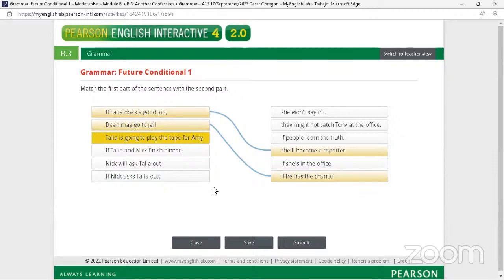Talia is going to play the tape. If people enter. If she is in the office. If Talia and Nick finish dinner. Remember the video where they are in the restaurant? Yeah. And they want to catch Tony.